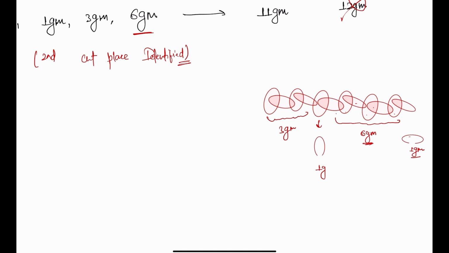So how much is left now on the other side? The length of the gold chain is finite. What is the total length? Total length is 23. So we don't have to make any more cuts, because the last part left is 23 only.